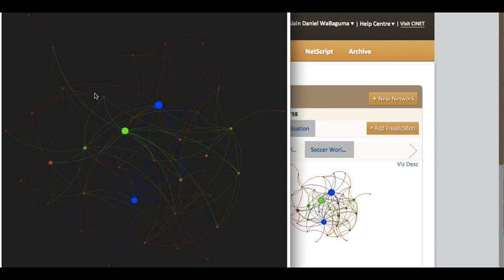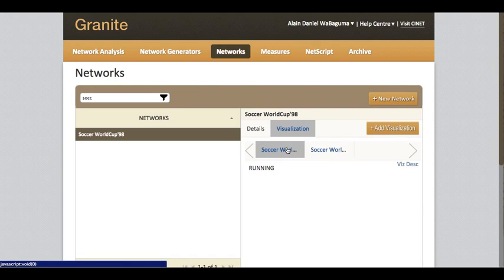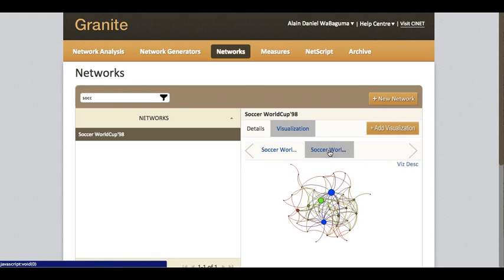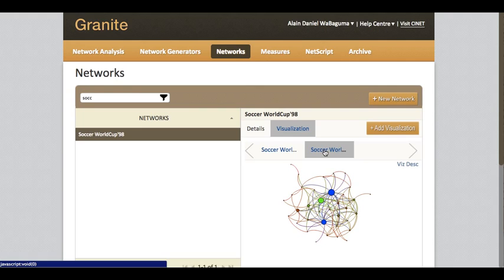All right. Just one more visualization. Oh, this one is still running. So in the new one, the degree will be by size, and in this one, it's the betweenness.